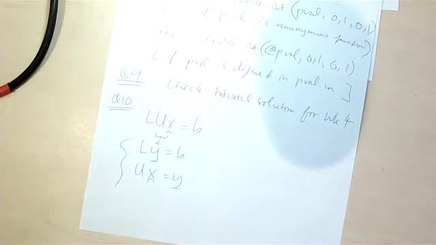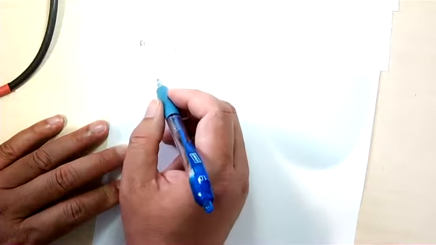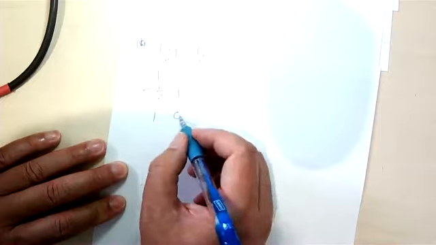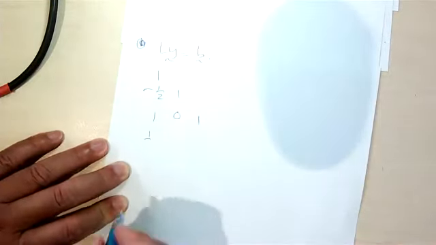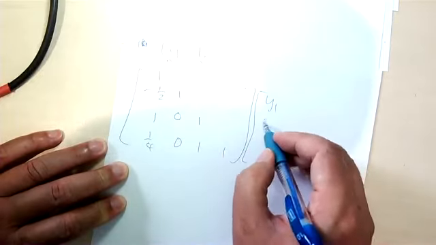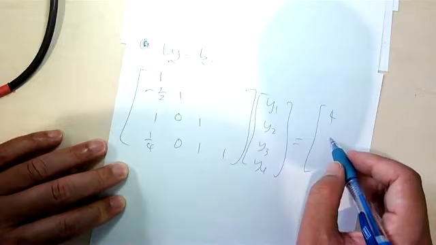You have the matrix L already, so L is given: 1, minus a half, 1, 1, 0, 1, 1 quarter, 0, 1, 1, times y1, y2, y3, y4 equal b, and b is 4, 5, 16, 16.